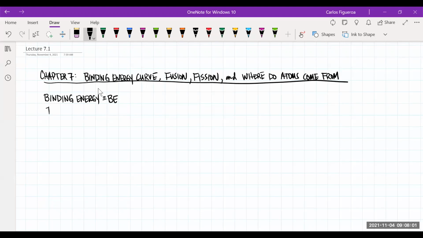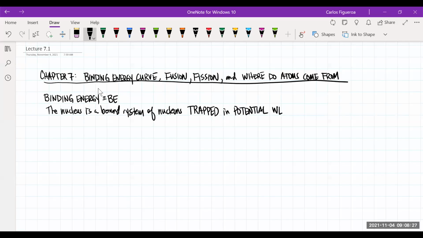The nucleus is a bound system of nucleons trapped in potential wells.